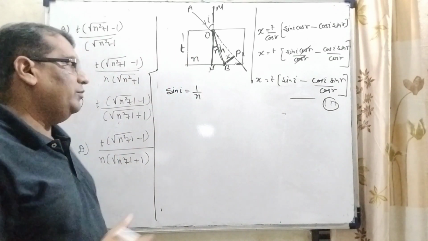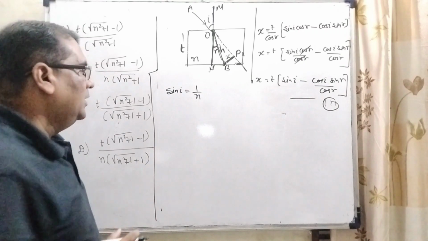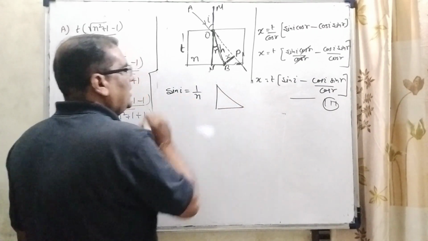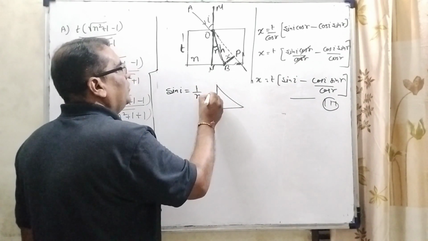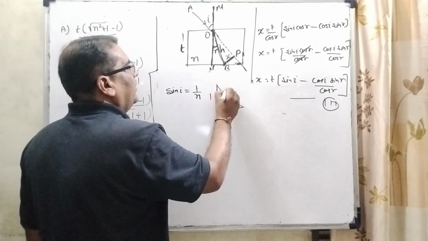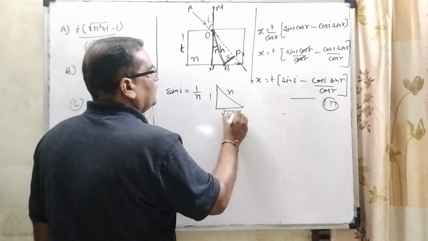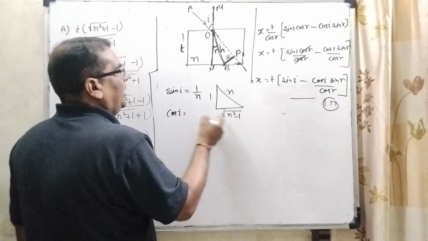So with the help of this, we can find out cos i. By using the Pythagoras theorem, the perpendicular is 1 and the hypotenuse is n. So what is the base? It is root n square minus 1. Then what is cos i?